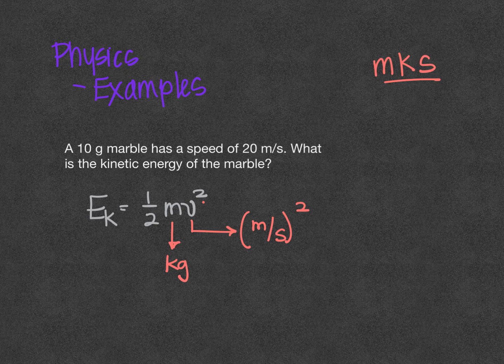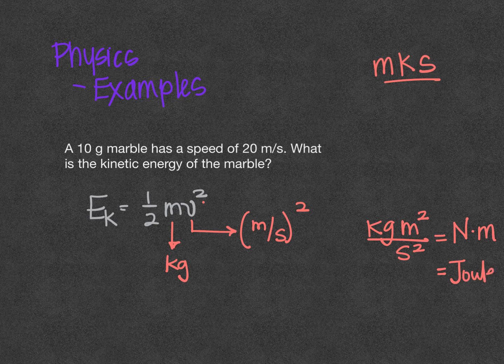And then that gives us a unit of kilogram meters squared per second squared. That is the same thing as a Newton times a meter, and we call this unit a joule, or J for short.